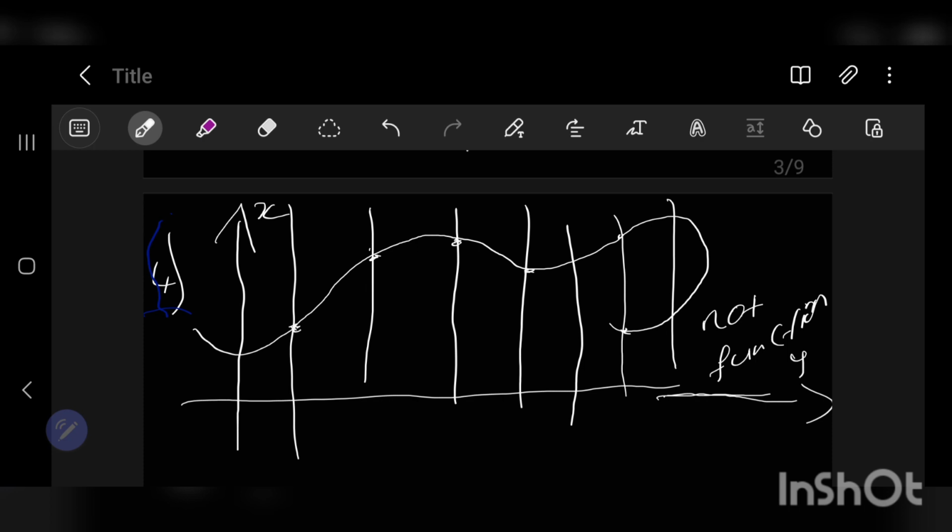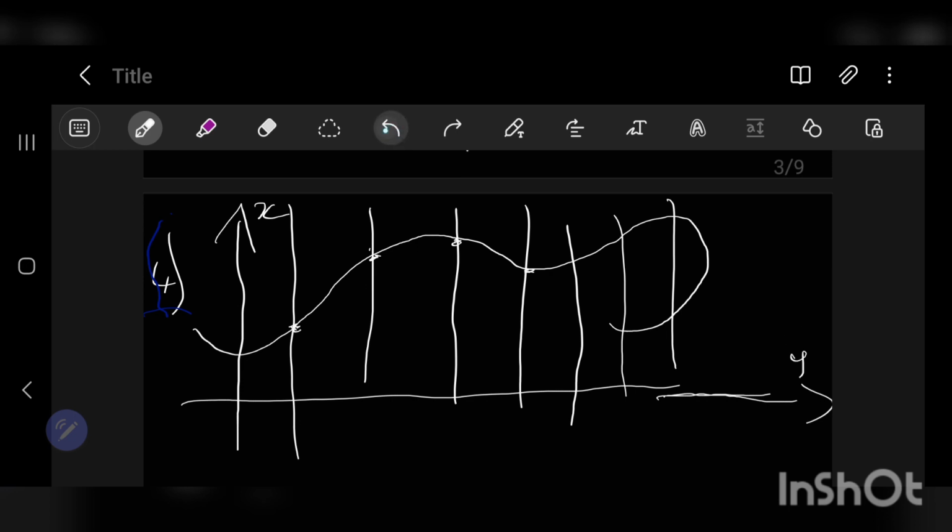As long as there is a point in a graph where, when you draw your vertical line test, that particular line intersects the graph at 2 points, then that is not a function.